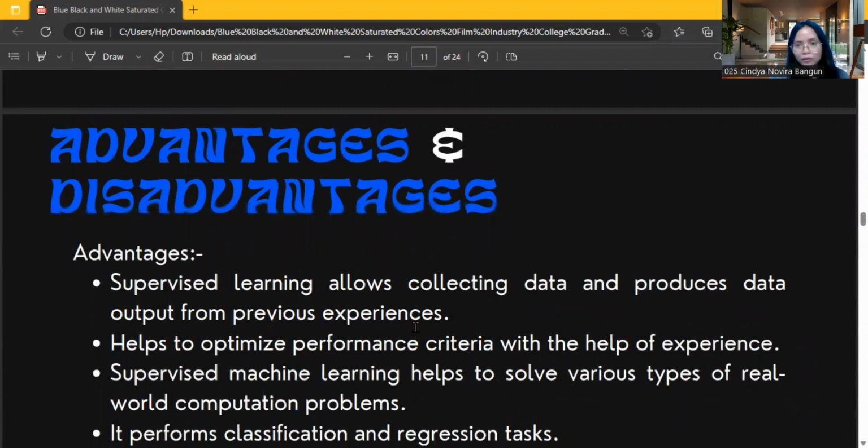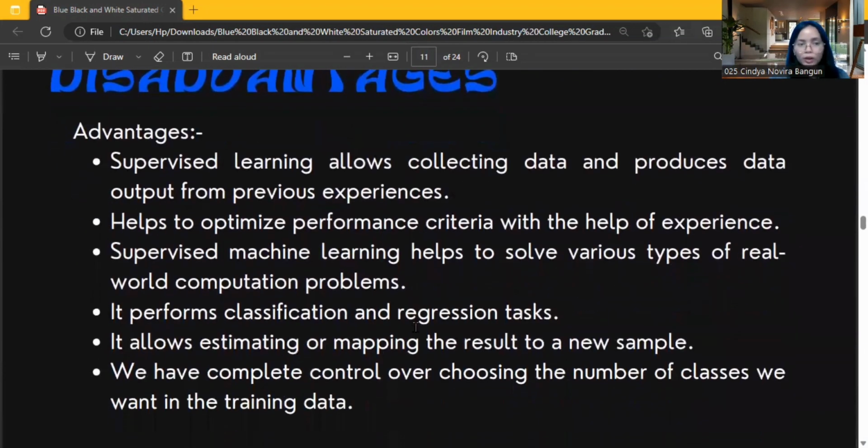Advantages and disadvantages of supervised learning. Advantages. 1. Supervised learning allows collecting data and produces data output from previous experience. 2. Helps to optimize performance criteria with the help of experience. 3.